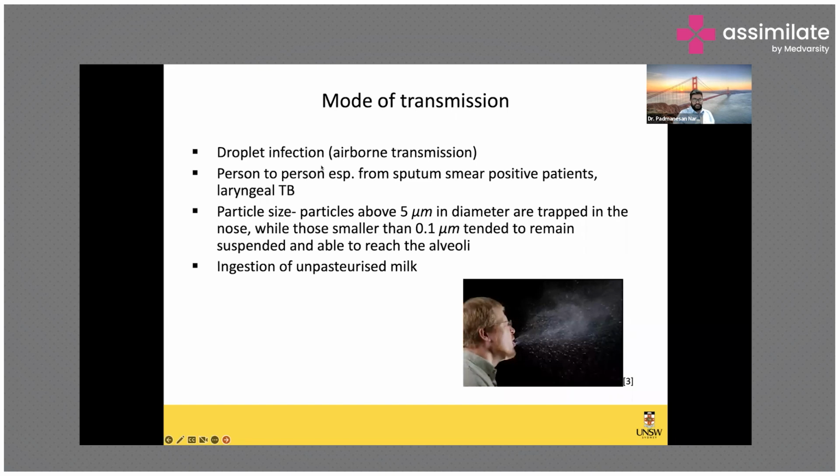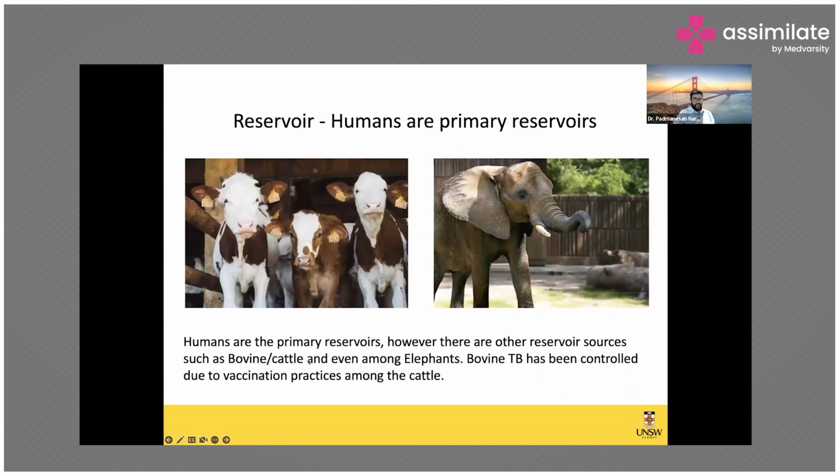You can also get tuberculosis by ingestion of unpasteurized milk. Humans are the primary reservoirs for tuberculosis, but you can also get tuberculosis through cattle.